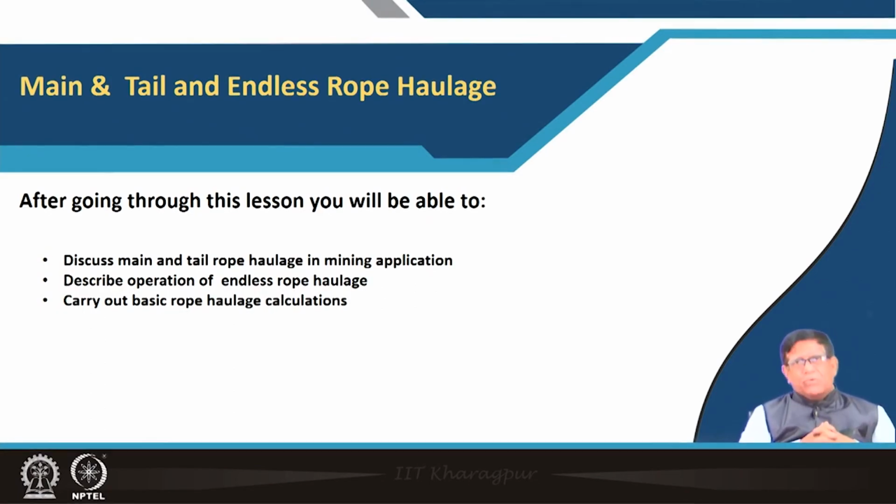On the surface it may be a very simple thing, you give an electric motor and connect it, but taking electric power down into the underground mine itself is a challenge.